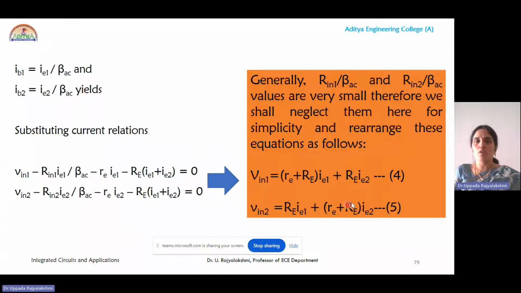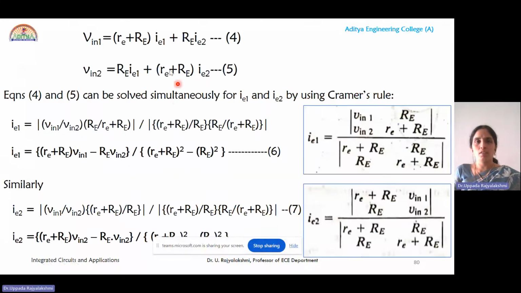So here we have two unknowns and two equations. We are going to calculate IE1 and IE2, simplifying and evaluating them by using Cramer's rule.